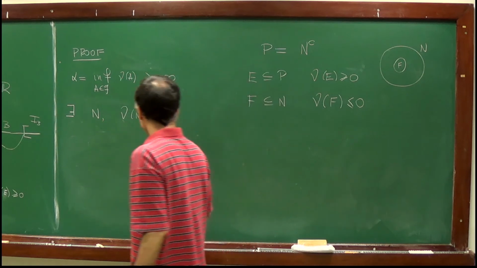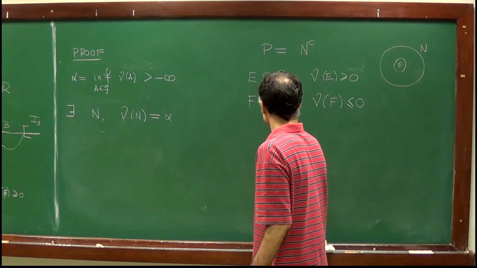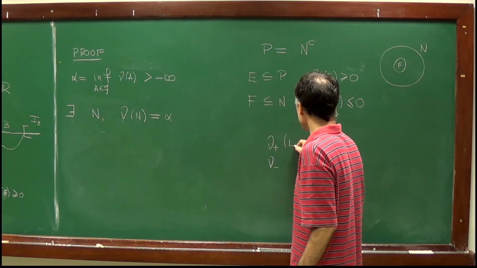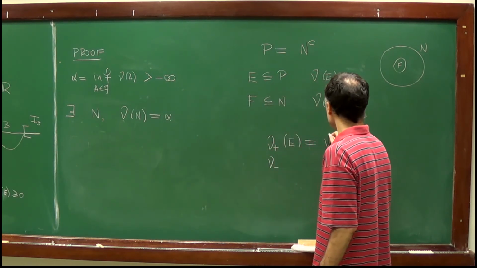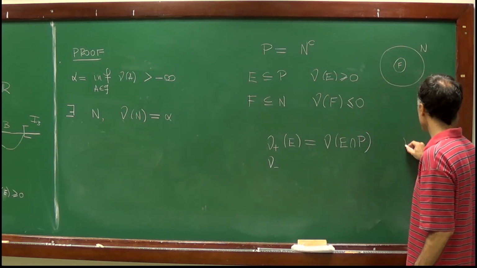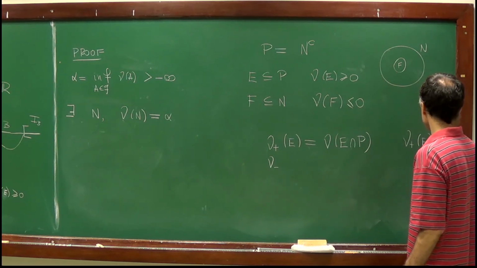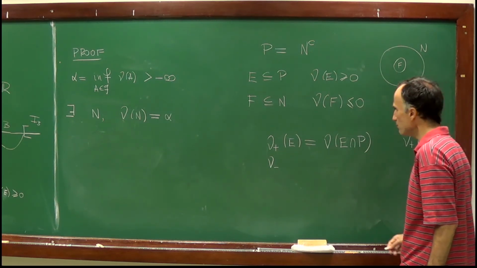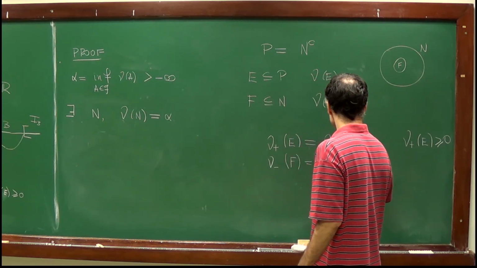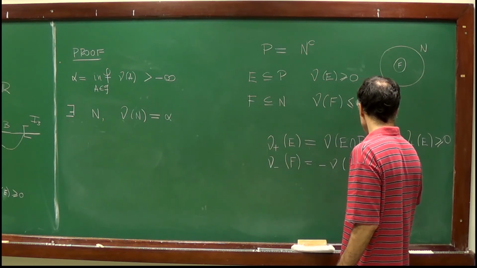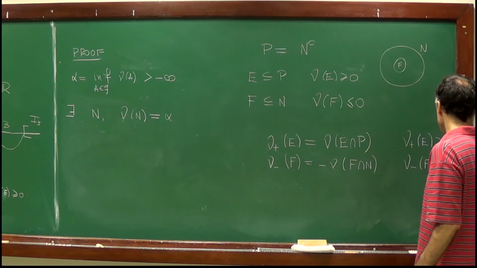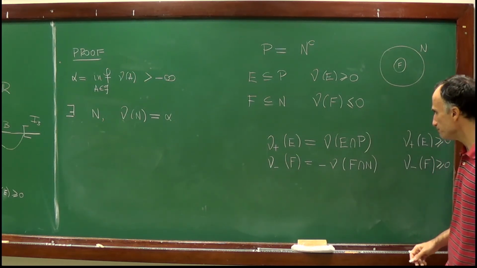And now I can define two measures, nu plus and nu minus. So nu plus of a set E would be just to take nu of E intersection P. So you see that nu plus of E is always larger or equal than 0. Nu minus of a set F would be to take minus nu of F intersection N. And again, we have that nu minus of F is also always larger or equal than 0.